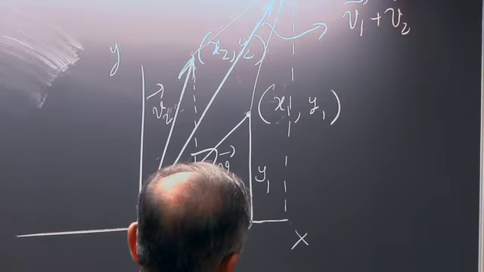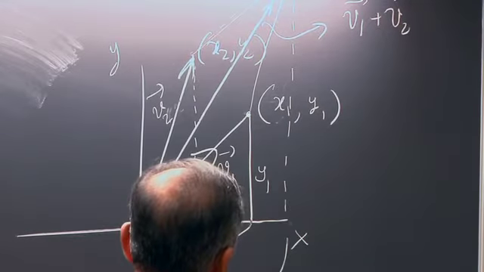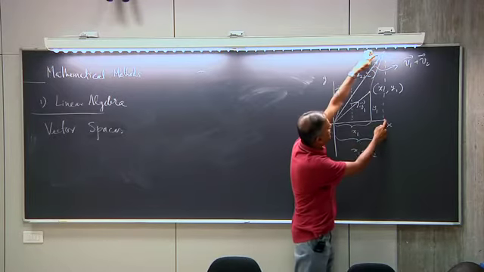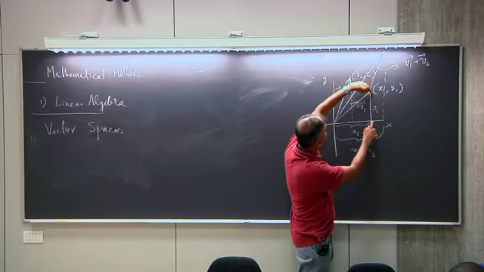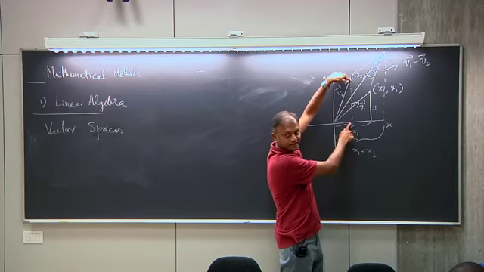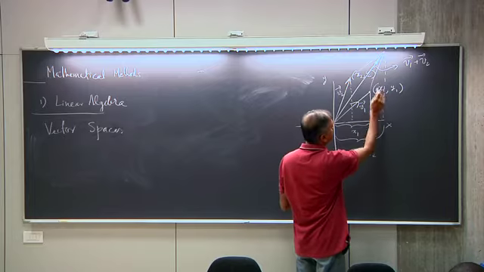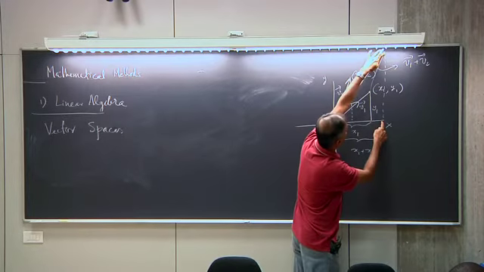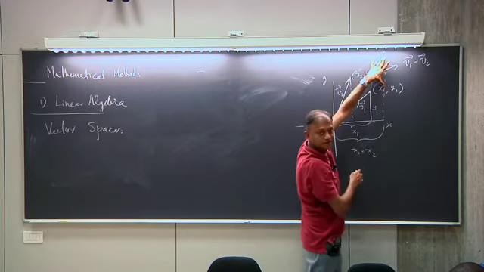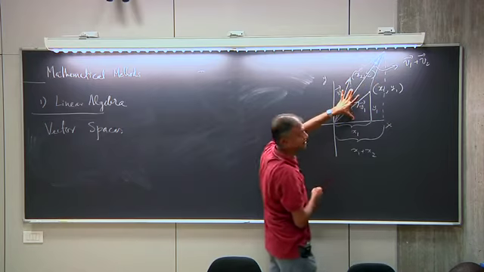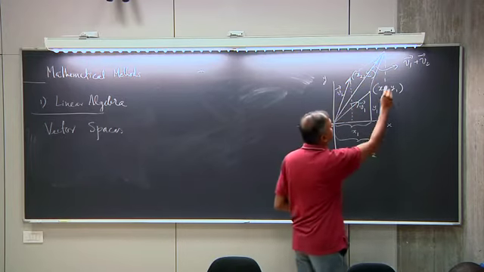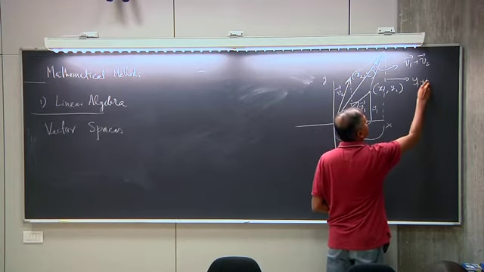So this length will be x1 plus x2, and similarly, this length will be the sum of this length plus that length, right? That's easy to see because you draw a perpendicular here, a perpendicular like that, then this whole length is equal to that length plus that length. But that length is the same as that length, right? So this one is y1 plus y2.